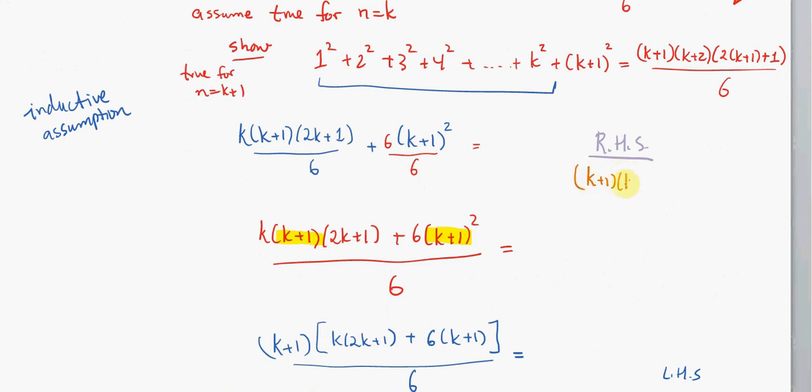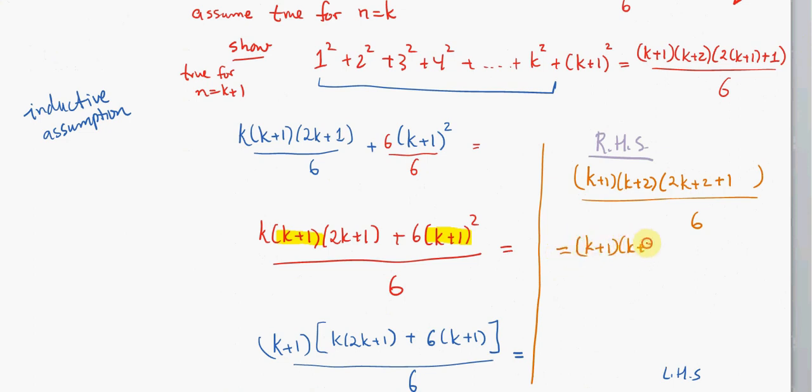We have a k plus 2. And in here, if we multiply all that out, we get 2k plus 2 plus 1, all of this over 6, which is equal to (k plus 1) times (k plus 2) times (2k plus 3), all of this over 6.